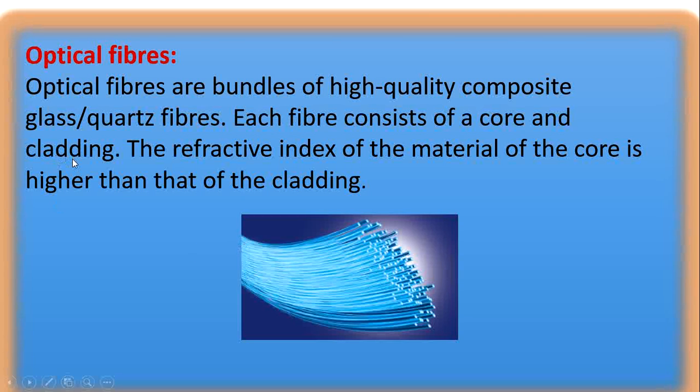Now, what is cladding? Cladding is a covering or coating on the structure of this material. When we give a cover or coating to the core, it is called cladding. Now, the refractive index of the material of the core is higher than that of the cladding.